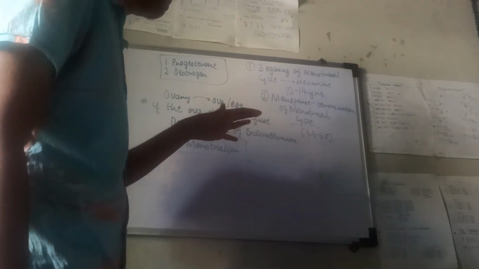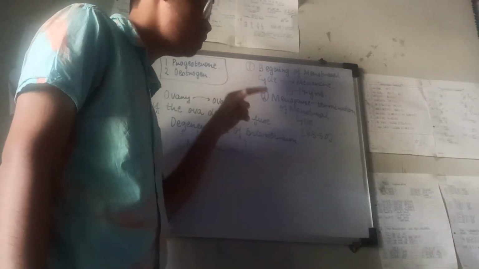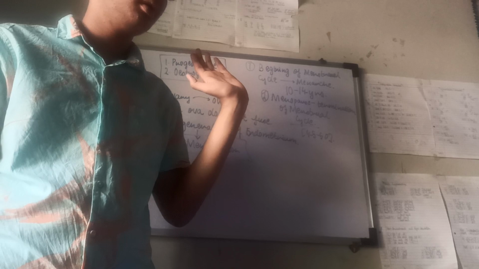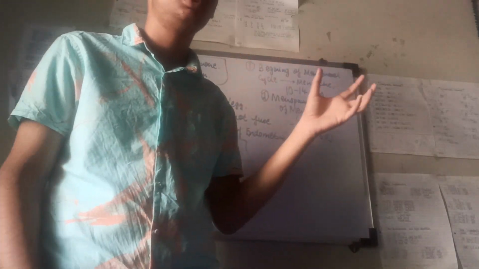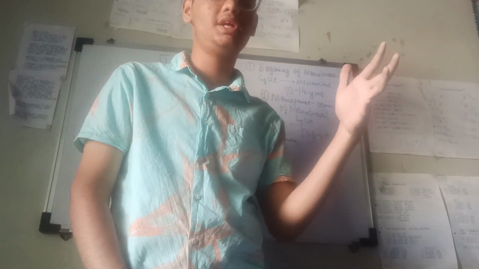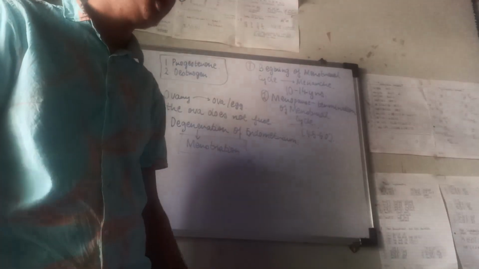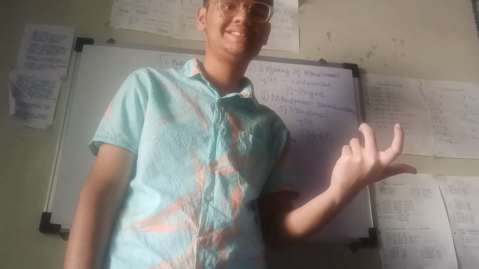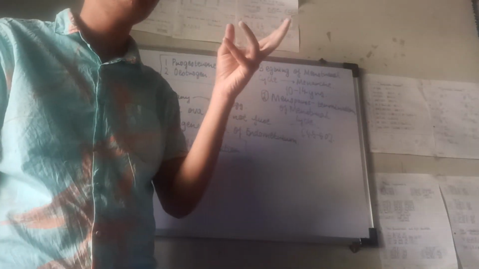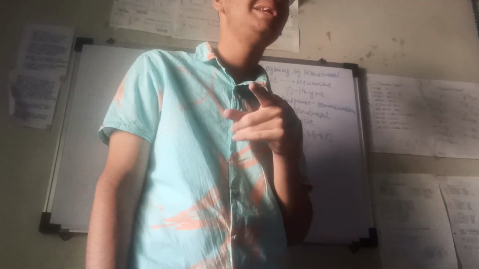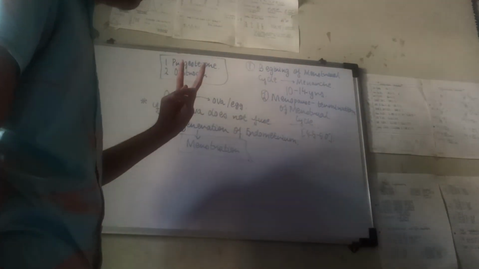So period pains, cramps, are generally seen, and the stages are first the preparatory stage, then ovulation, and then degeneration takes place. Ovulation is generally on the 13th or 14th day, more accurate to say. So these were the two conditions.